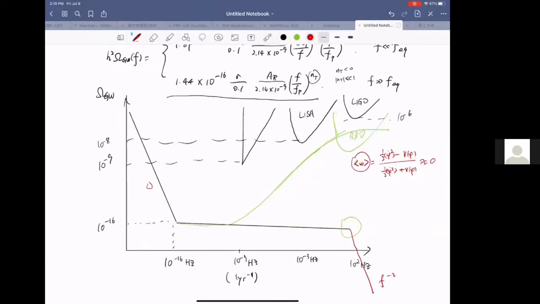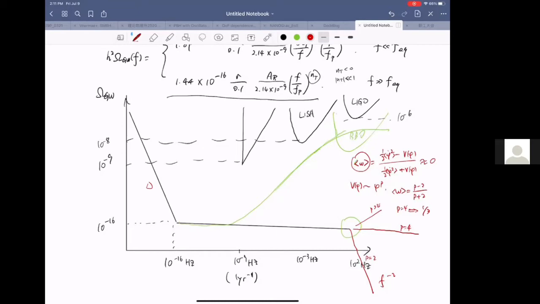If I remember correctly, if you have a potential like phi to the p, w is (p-2)/(p+2). For p equals 2, this just goes to 0. And for p equals 4, this is just 1/3, like radiation. So it will just go this way, right? And surely it will go up if p is larger than 4.